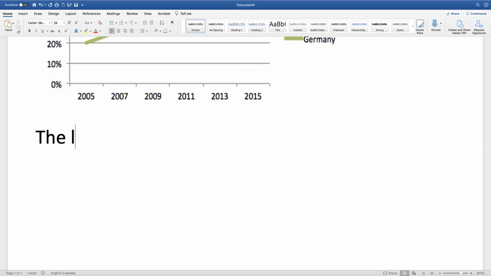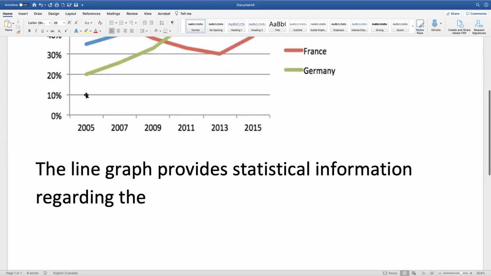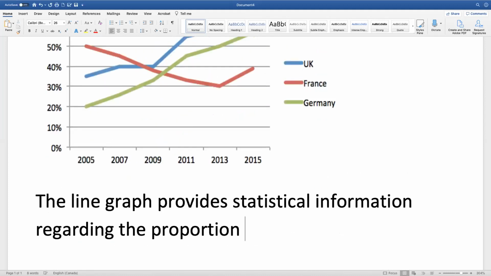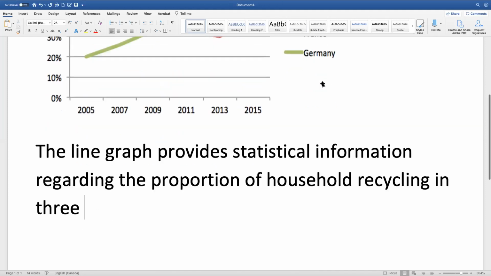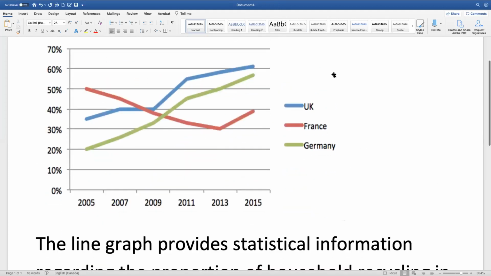Okay, so the line graph provides statistical information regarding, looks like percentages, the proportion of household recycling in 3, looks like developed nations, between 2005 and 2015.